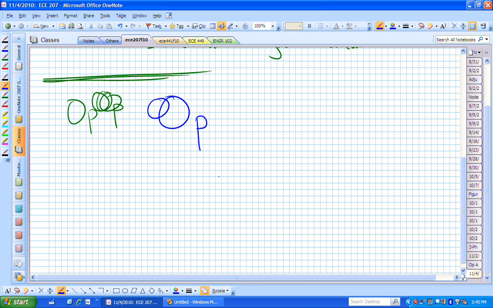Let's assume for this first piece of the solution, which is making sure we have negative feedback, that V sub X is positive. If V sub X is positive, what happens to V naught?